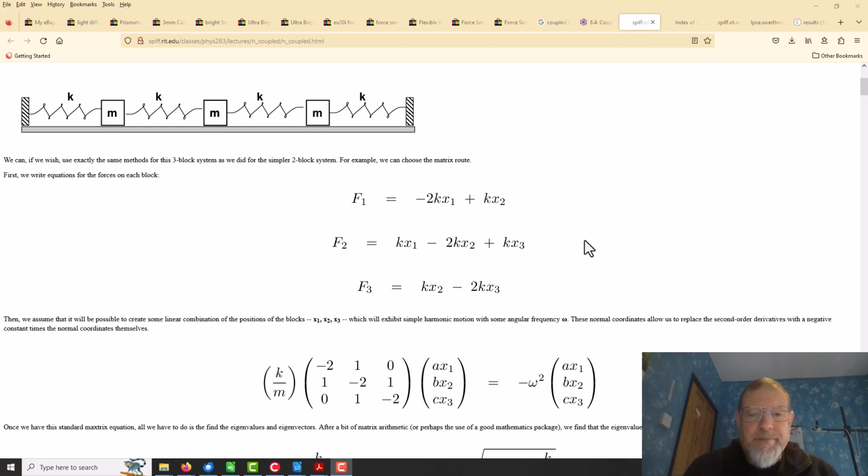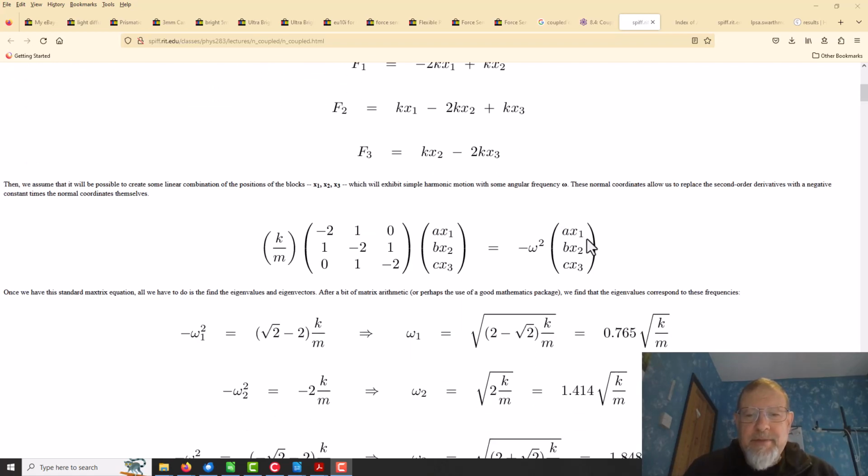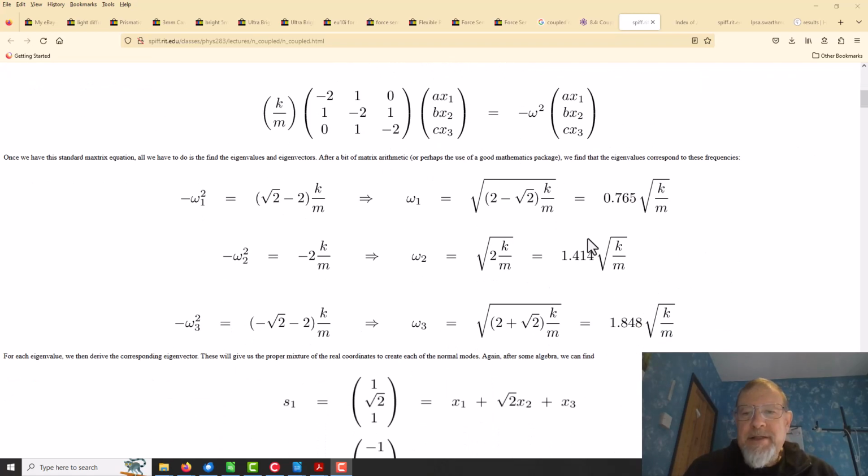So yeah, we can write some matrix equations here, and you can see he's put m outside, but surely if the m's were different we could put m's in here and do our matrix sums. They're not trivial for the same masses, and come out with our omega 1, omega 2, omega 3.